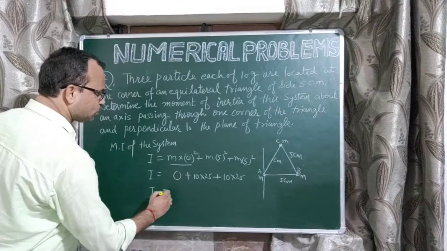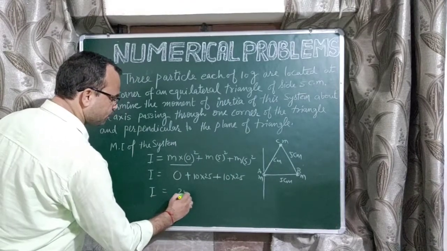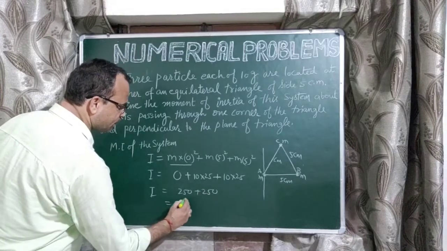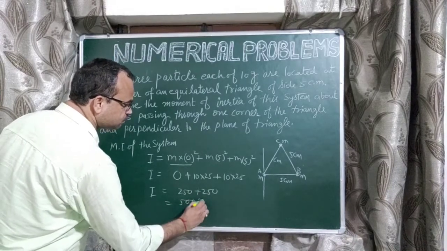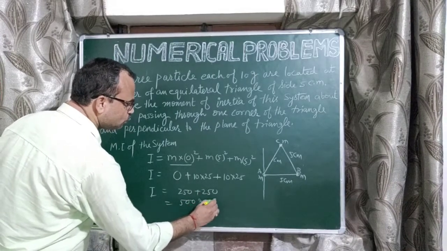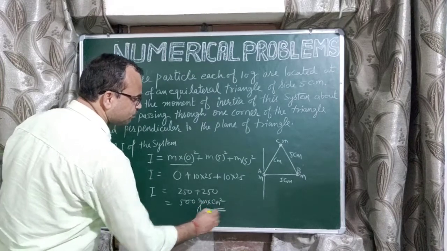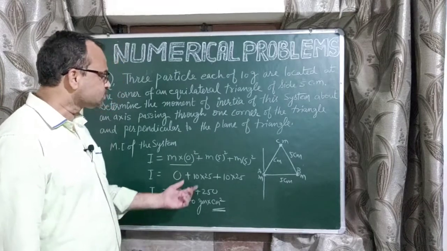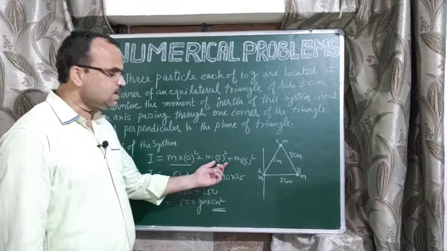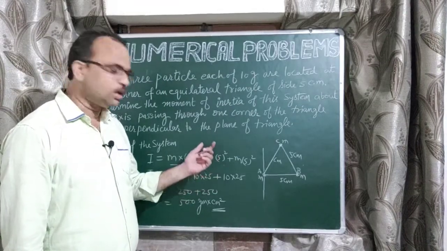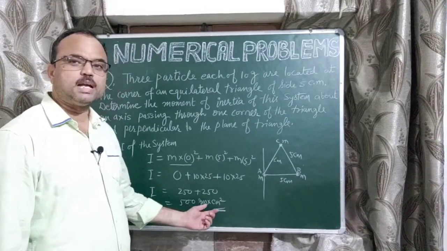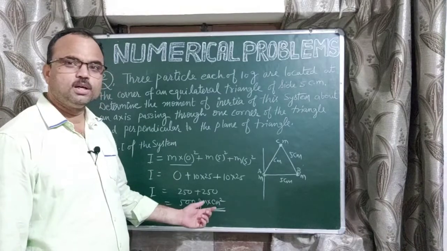So I equals 250 plus 250, which means 500 gram into centimeter square, because in this problem mass is taken in gram and distance is taken in centimeter. So the unit of moment of inertia is 500 gram centimeter square, okay?